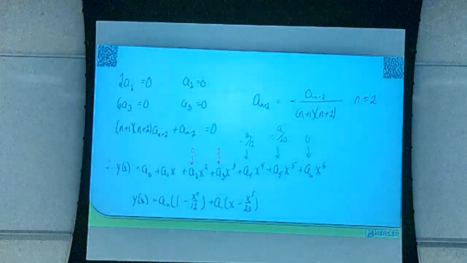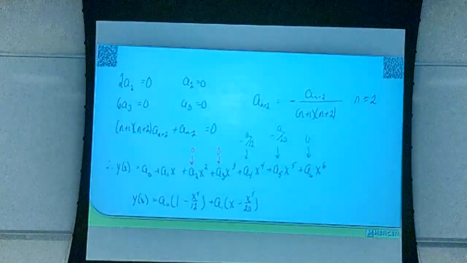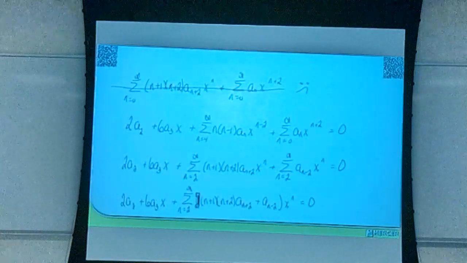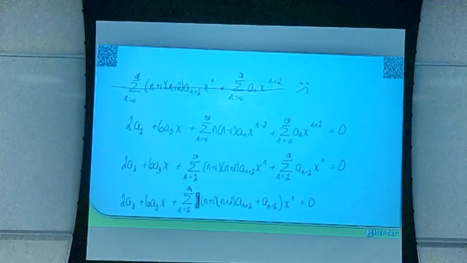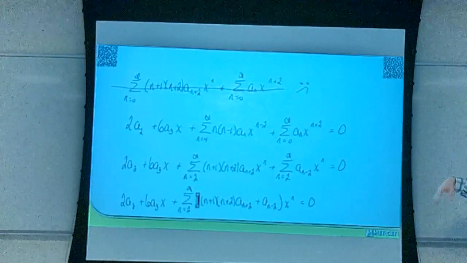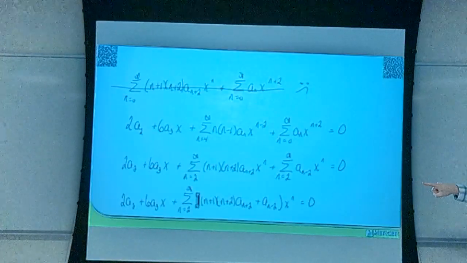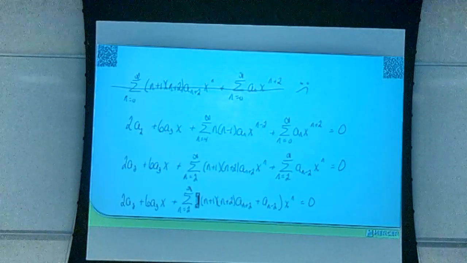Well, you solve for A0. They weren't given, were they? When we did all the work, there was nothing in here saying what A0 and A1 should equal. It started with A2. So A0 and A1 are just arbitrary constants. They can be anything.